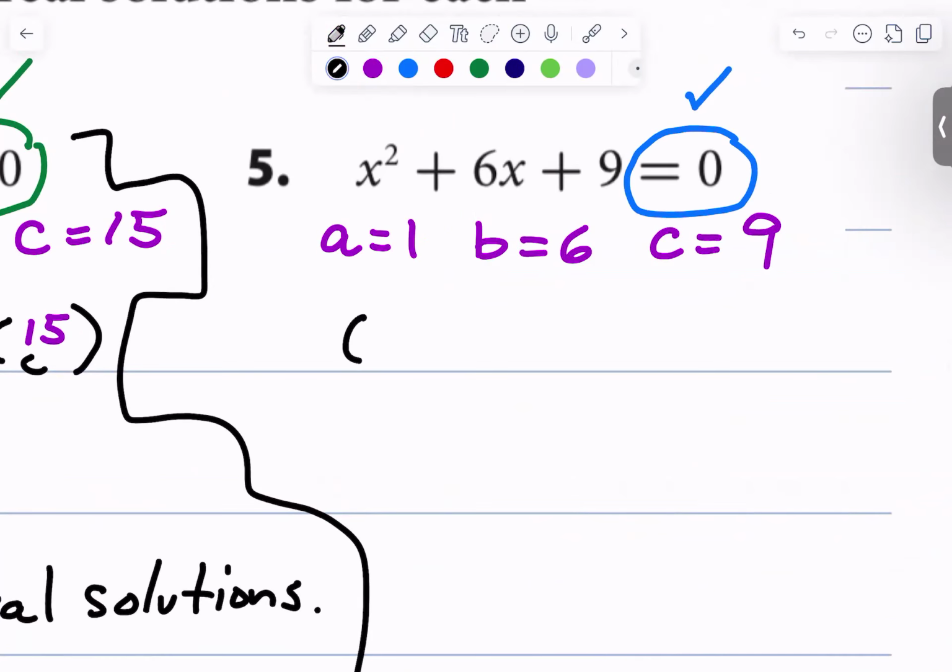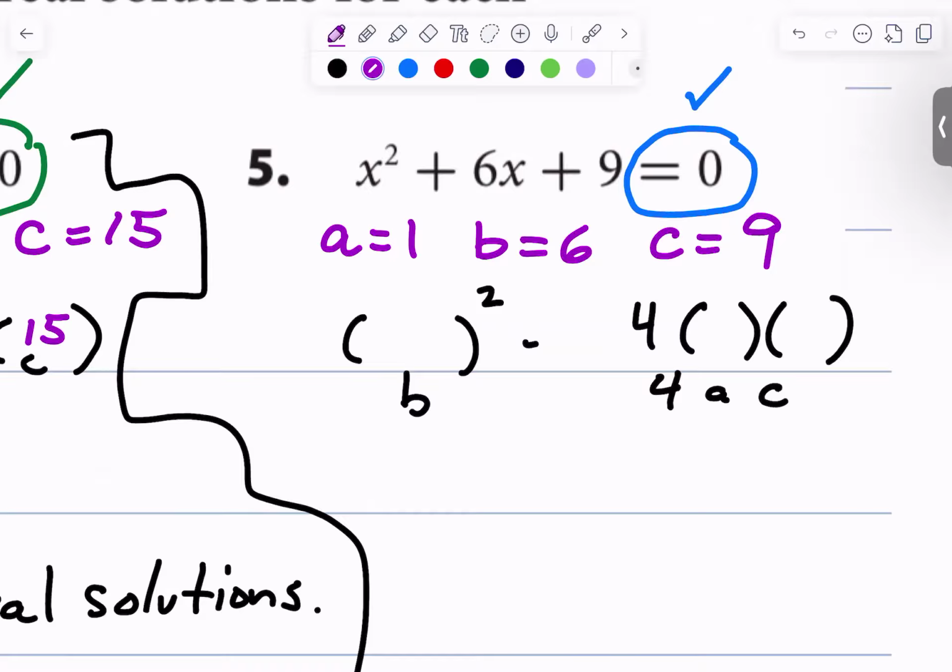So b squared minus 4ac. So 4 times a times c, which you would have 6 squared minus 4 times 1 times 9. So 6 squared is 36. 4 times 1 is 4 times 9 is also 36.